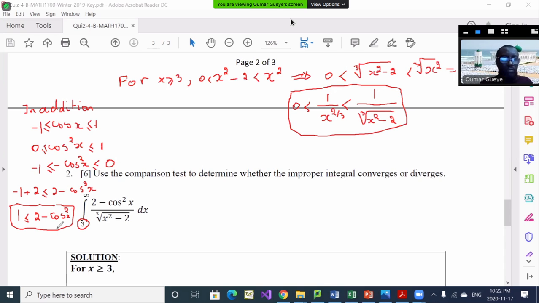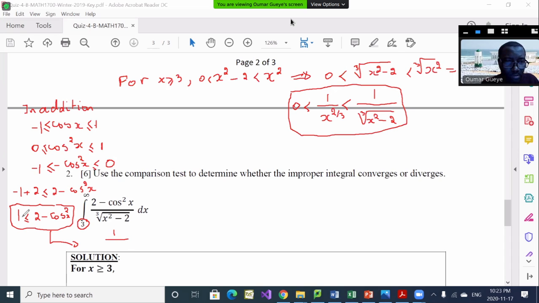Now from here, I'm going to divide this because I'm trying to use this part here. I'm going to divide the whole thing by x to the power 2 by 3, which is a positive number.